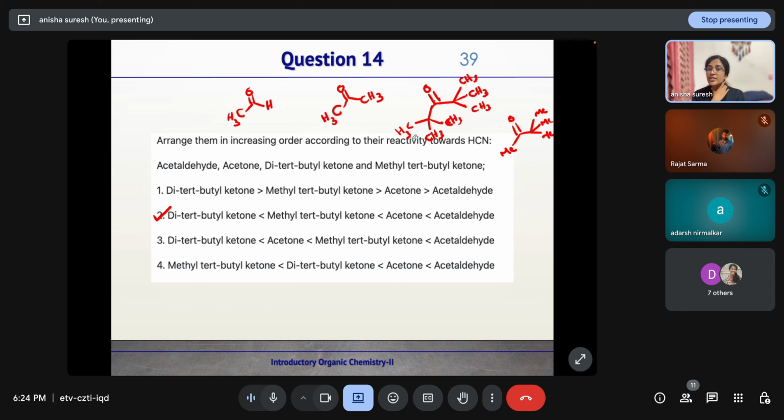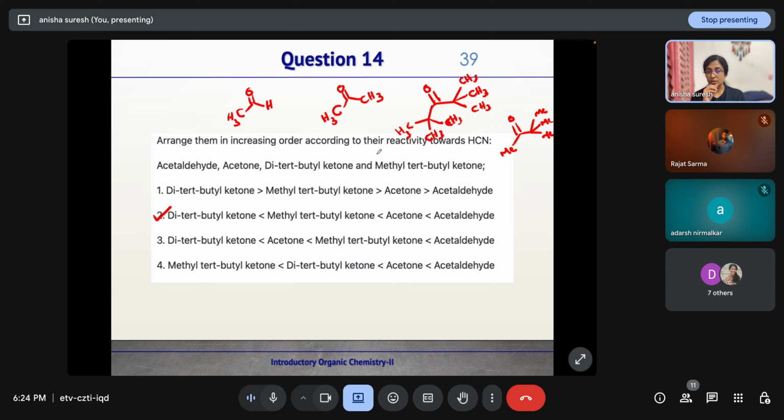So when one of the tertiary butyl groups is replaced by methyl, then compared to tertiary butyl, methyl will be less electron releasing. Because of that, the rate of methyl tert-butyl ketone will be more compared to the di-tert-butyl ketone. When both of the tertiary butyl groups are replaced by methyl, the electron donating nature will be lesser, and hence the decrease in electrophilicity will be lesser.